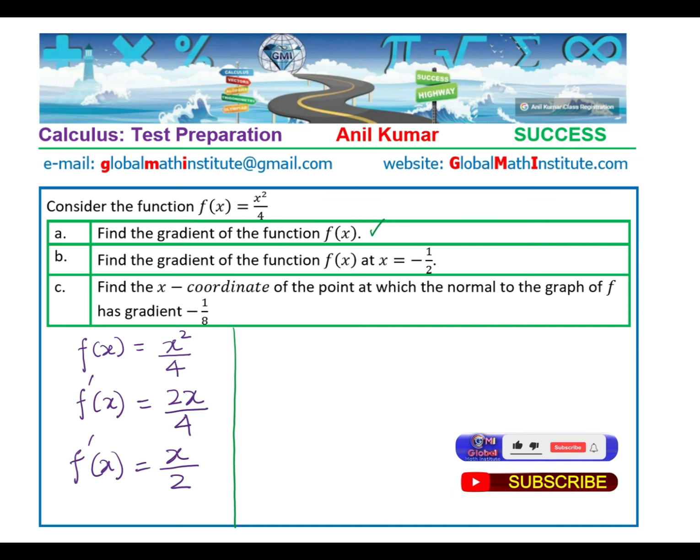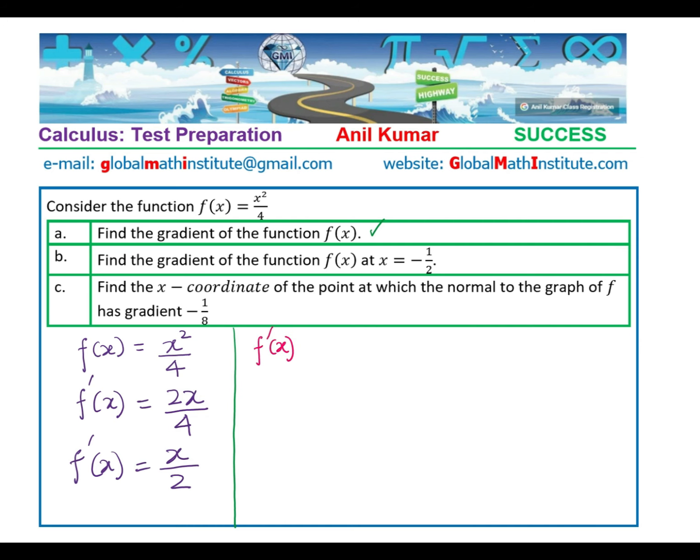Second is find the gradient of the function f of x at x equals minus half. So let's put x equals minus half here. The gradient of this particular function at x equals minus half really means we'll substitute the value of x as minus half, correct?